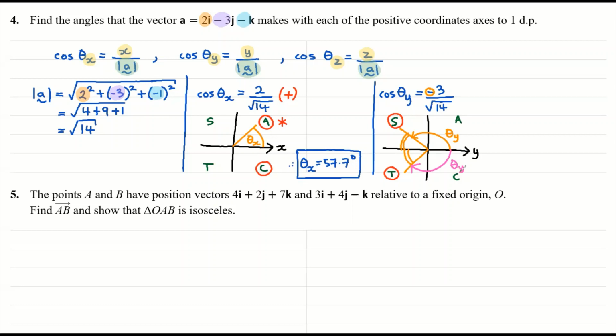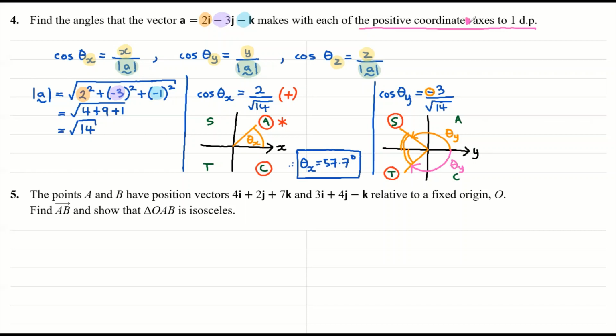And it works because you're measuring the angle, as it says in the question, that it makes with each of the positive coordinate axes. And that's a typo, I've just noticed, that should be positive coordinate axes.